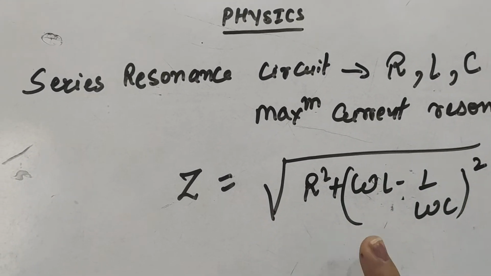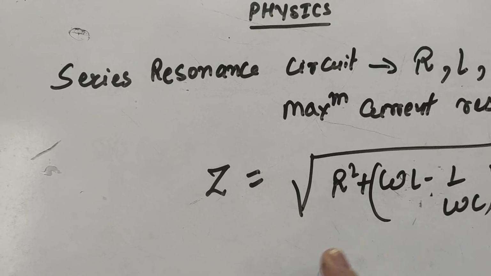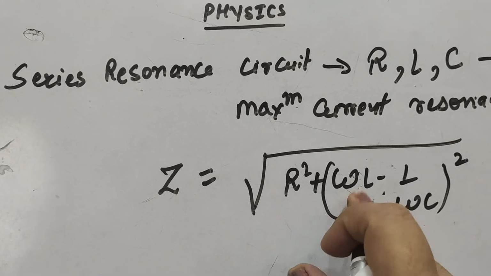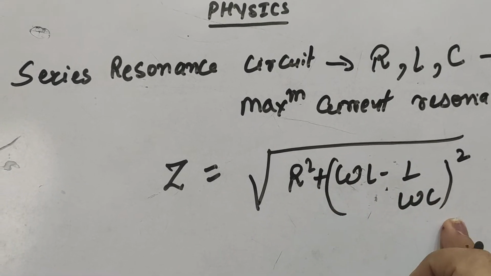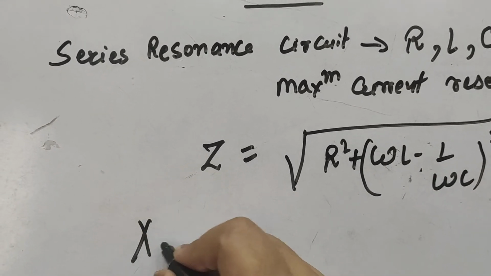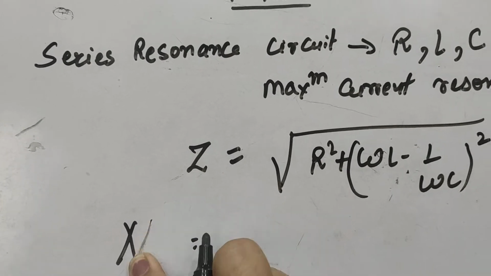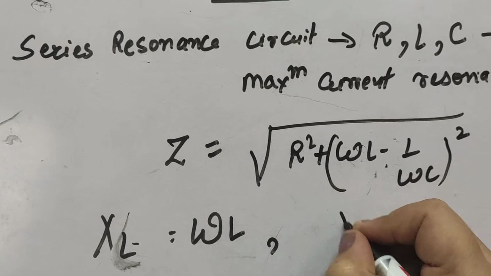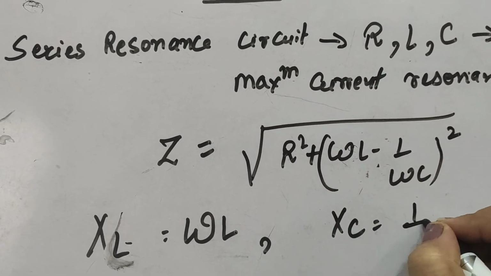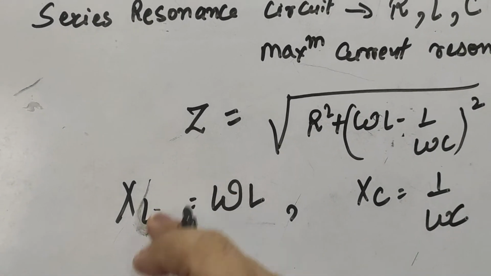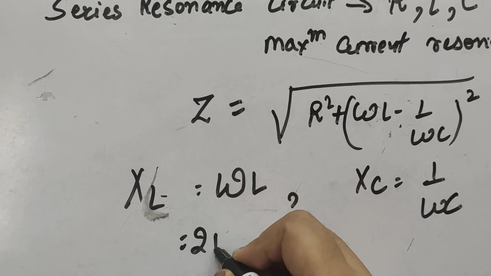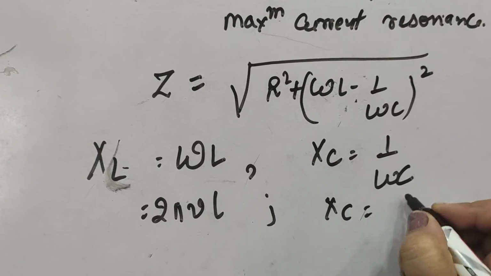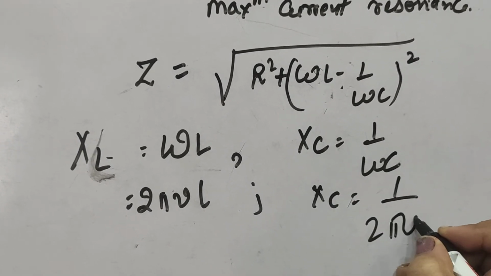Here omega L is known as inductive reactance, and 1 upon omega C is known as capacitive reactance, such that XL is equal to omega L and XC is equal to 1 upon omega C. Now omega is 2 pi nu, so XL is 2 pi nu L, and similarly XC can be written as 1 upon 2 pi nu C.